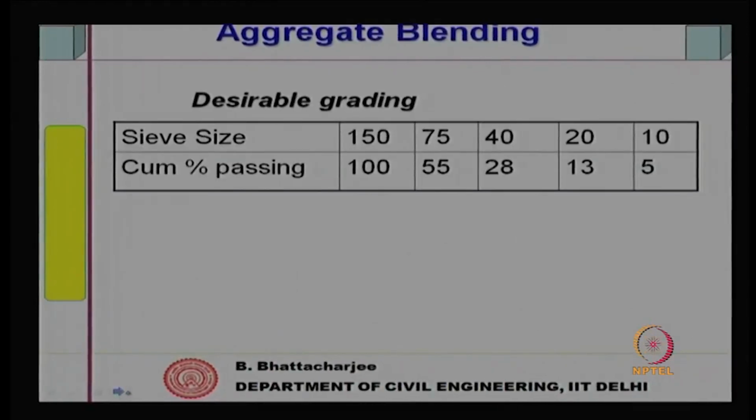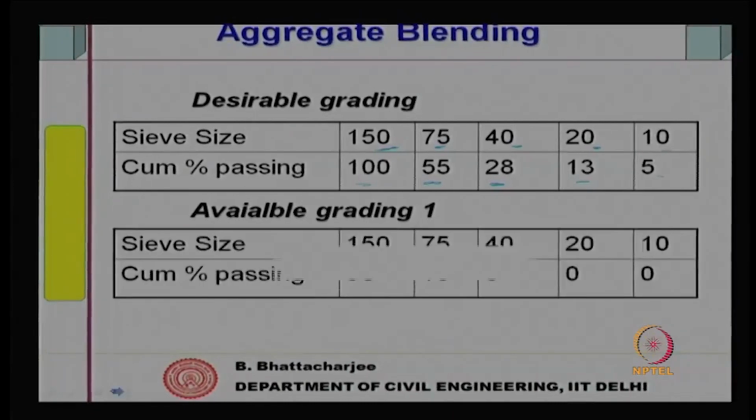Well, to get a good grading, you may have to blend aggregates. For example, let us say there is a sieve, and the cumulative passing through 150 mm is 100%, through 75 mm is 55%, through 40 mm is 20%, through 20 mm is 13%, and through 10 mm is 5%.